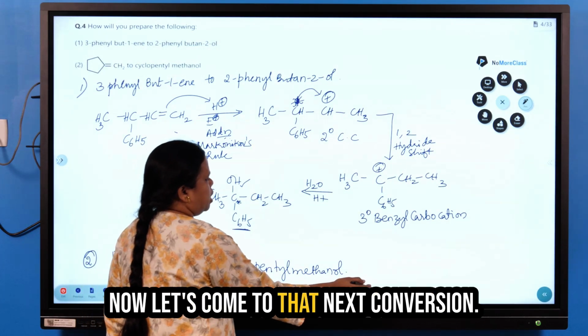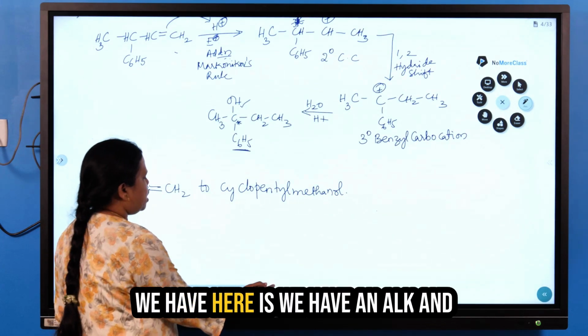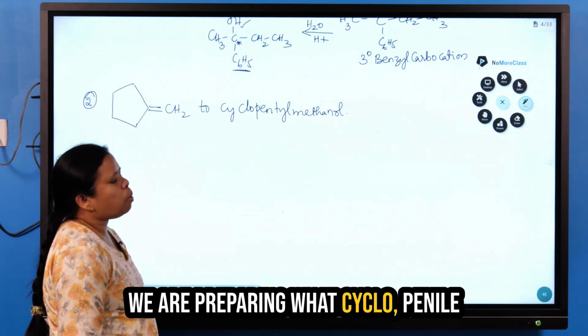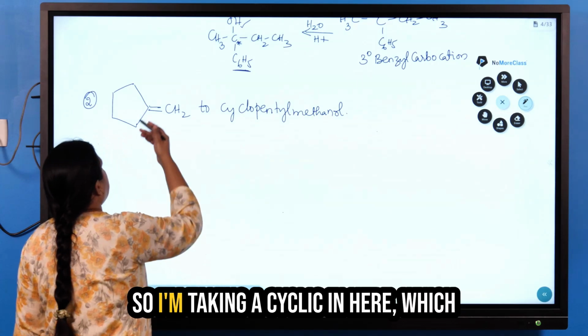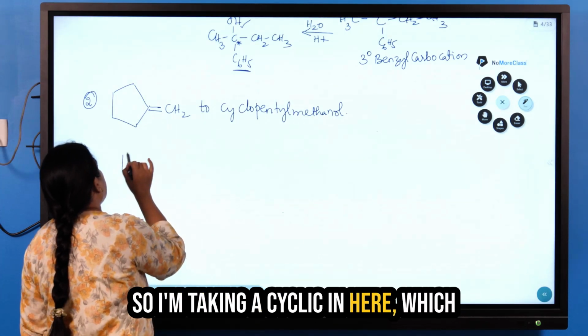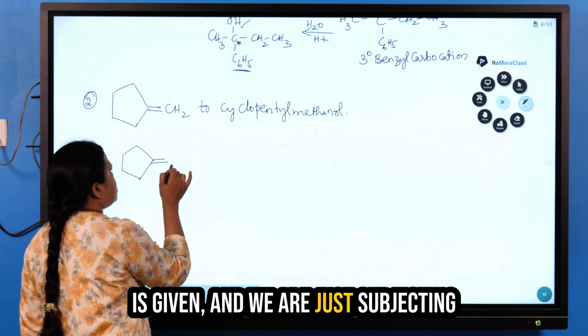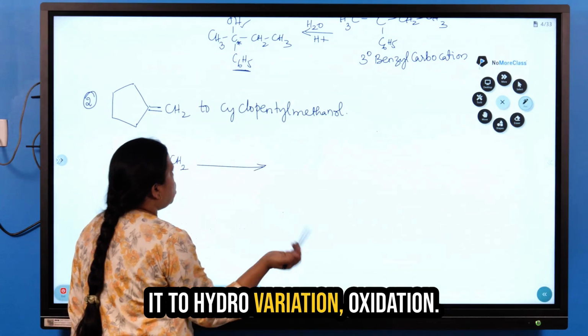Now let's come to the next conversion. The second conversion we have here is an alkene, and we are preparing what? Cyclopentylmethanol has to be prepared. So I am taking a cyclic ene here, which is given, and we are just subjecting it to hydroboration oxidation.